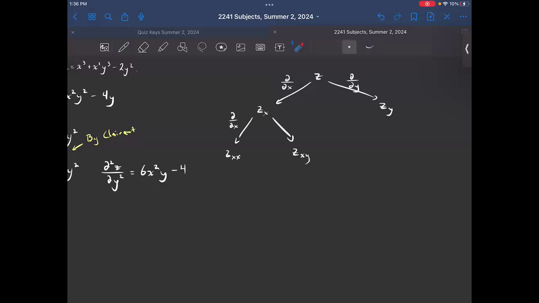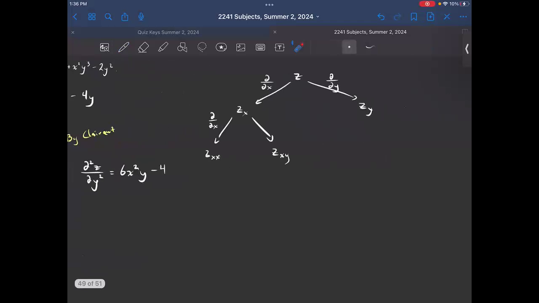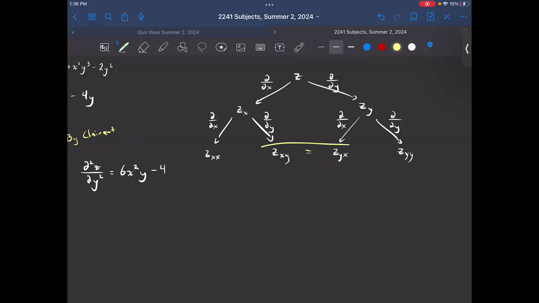It's kind of annoying, but the notation says that y comes after x here, whereas over here, x comes after y in the opposite direction. And this was a y derivative. Same thing over here. X derivative gives us zyx, and y derivative gives us zyy. And so what Clairaut's theorem does is it squashes these two things together into one part of the tree, and now you have two branches connecting.